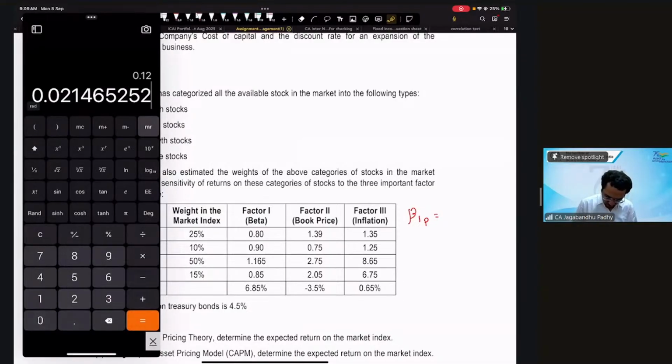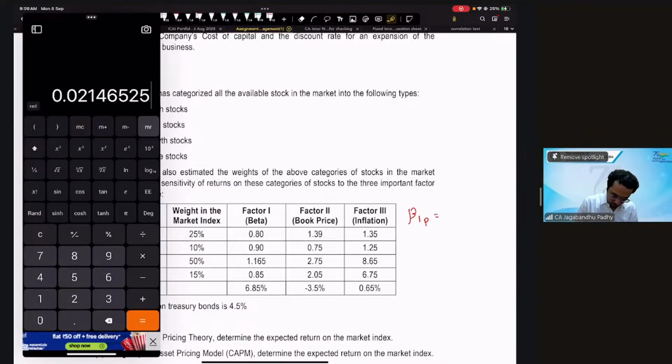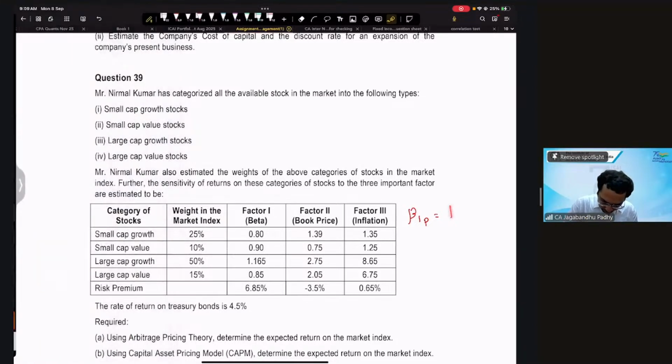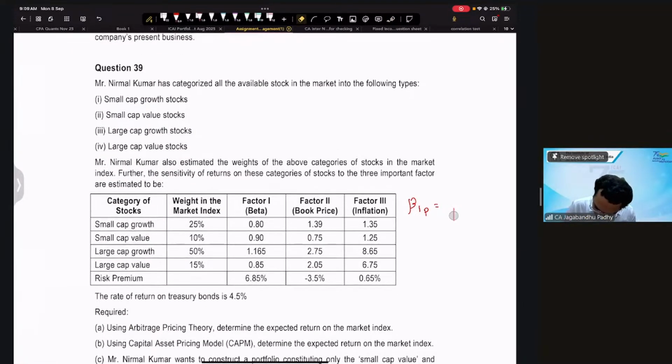It comes to 1. Okay, that is 1. Then what is beta 2 of the portfolio? And same way get the beta 3 of the portfolio. Get me these beta numbers.